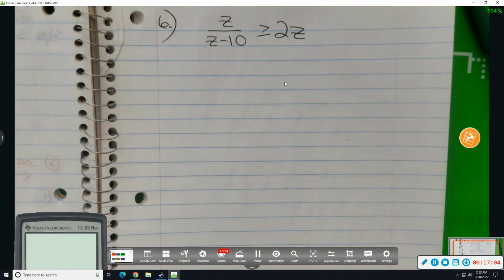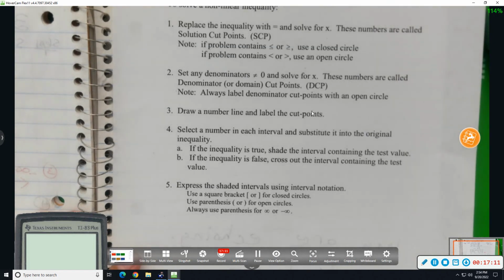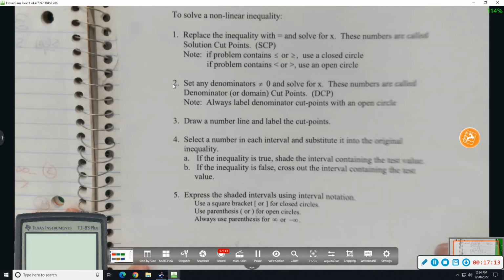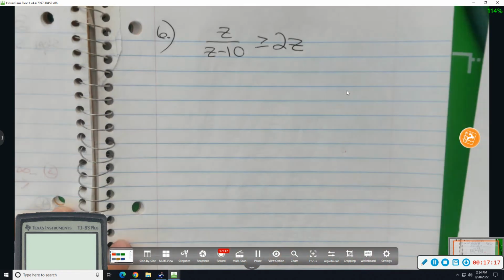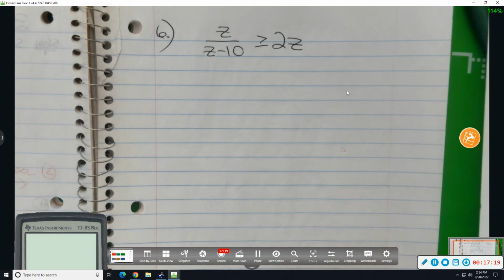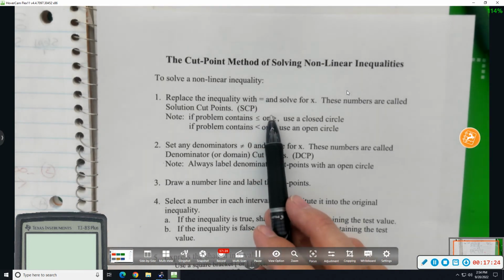Hey, that previous problem we didn't have any denominator cut points. What about this one? Are there going to be any denominator cut points? Yes, because you see, there's that fraction, there's that denominator. But the first thing we'll do, let's find our solution cut point. Where does the left side equal the right side?